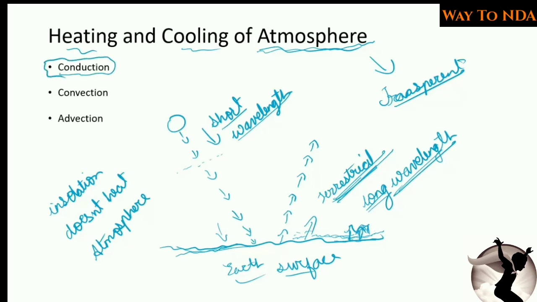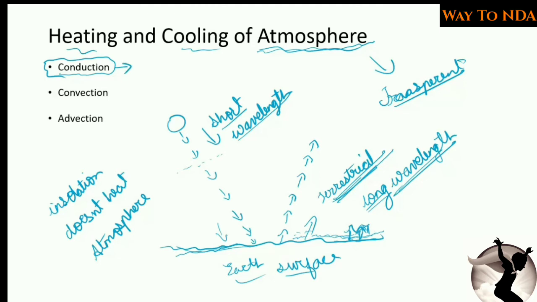So conduction is the process in which the heat is transferred from the hot surface to the cold surface until they both reach the same temperature. Remember, conduction is the process in which the heat is transferred from the hot surface to the cold surface, and the transfer goes on till they reach the same temperature, and this is called conduction.